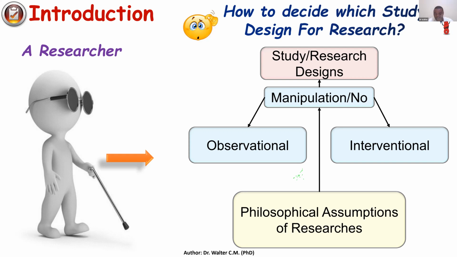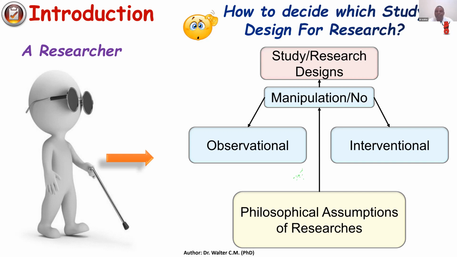The basic foundation for deciding what study design fits your study is the philosophical assumptions of the research. Because it is known that no research has no philosophy. And philosophy belongs to the researcher himself or herself.